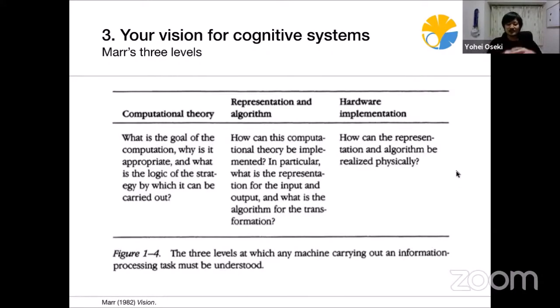In order to fully evaluate those language processing models, we have to implement those language processing systems within the human brain or in machines and robots. So we have to implement those language models within some hardware systems.